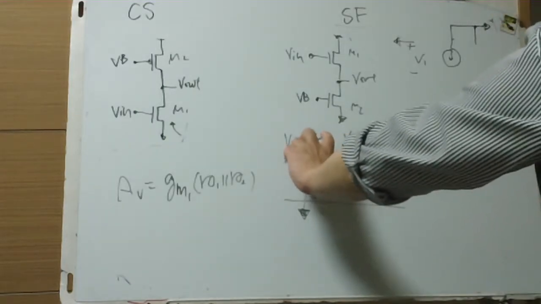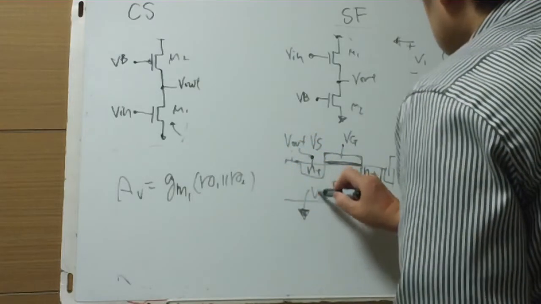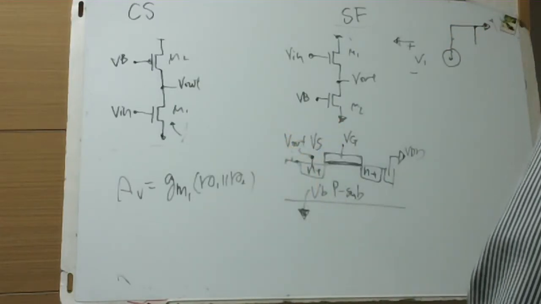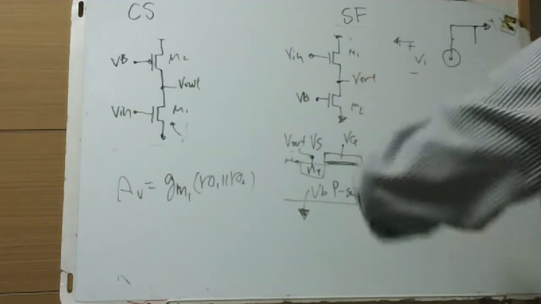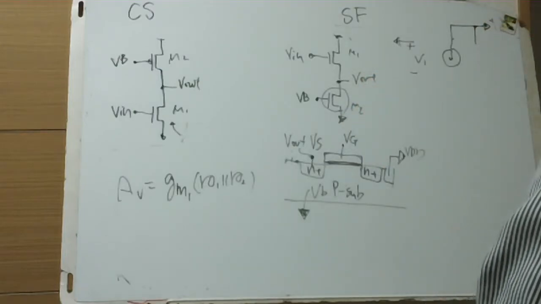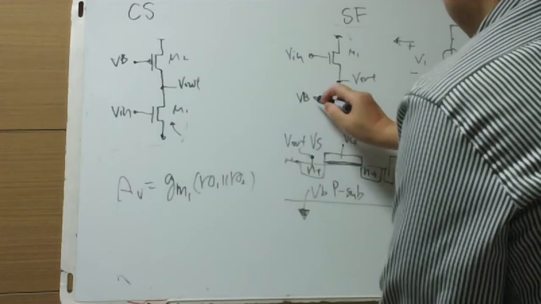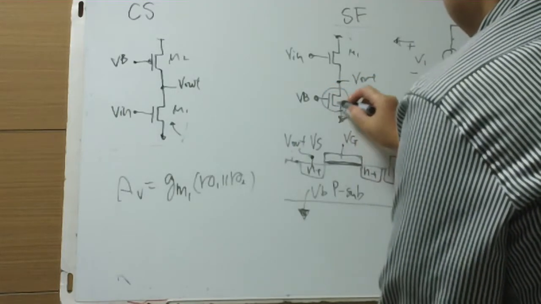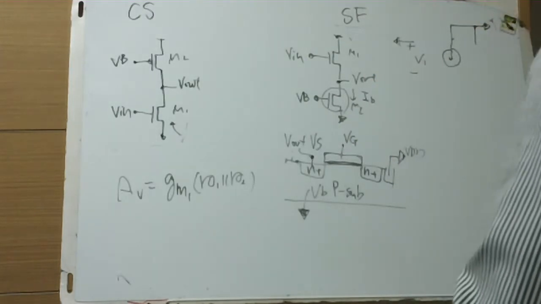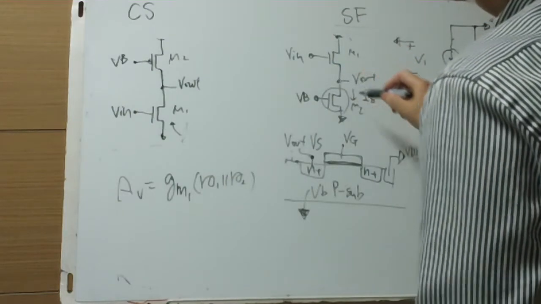So VS, the floating output, versus VB, which is 0, has some amount of voltage, because the transistor works in the nonlinear saturation area, producing some bias current for this source follower. So this couldn't be 0.